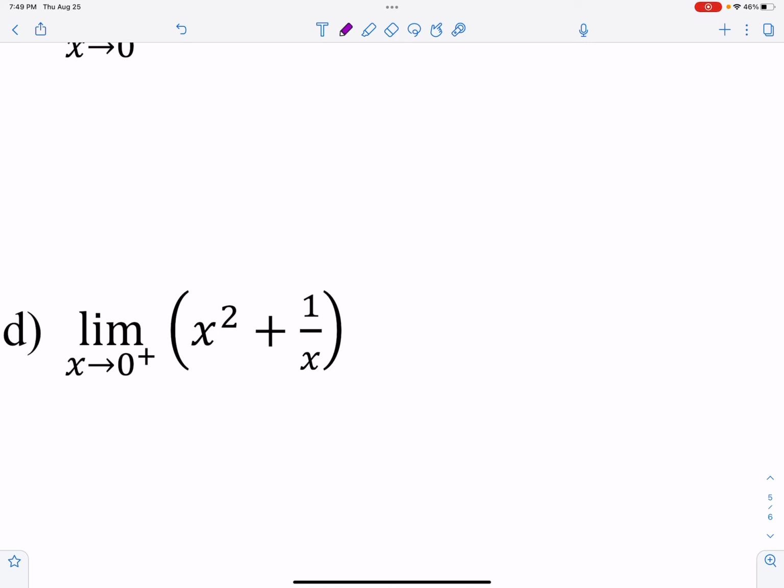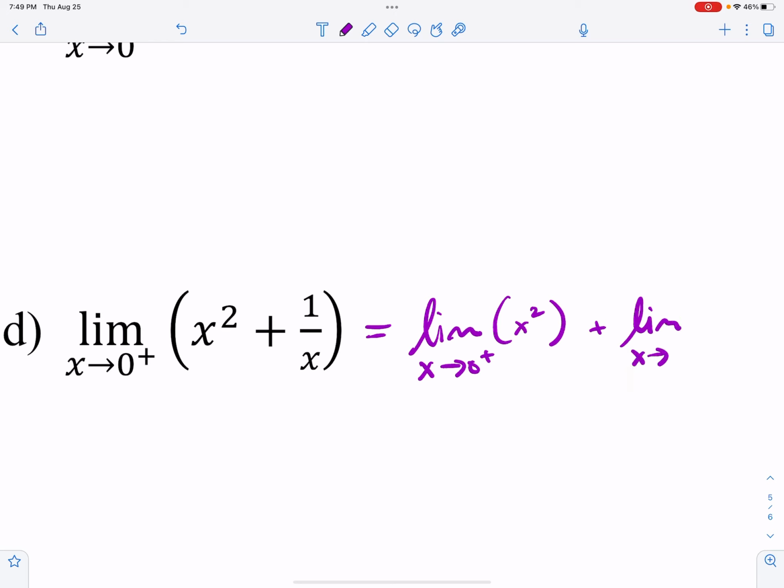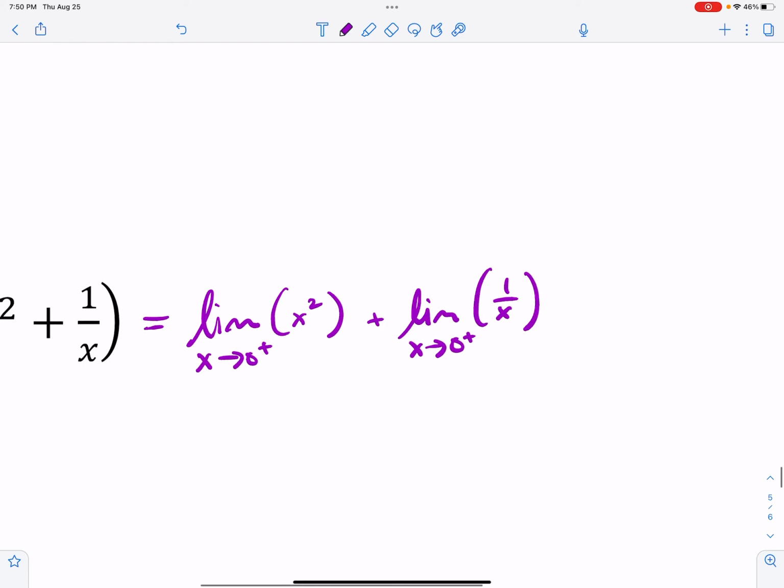And then as x approaches 0 from the right, for this function that is a sum of two functions, we could think about splitting this. So the limit as x approaches 0 from the right of x squared plus the limit as x approaches 0 from the right of 1 over x.